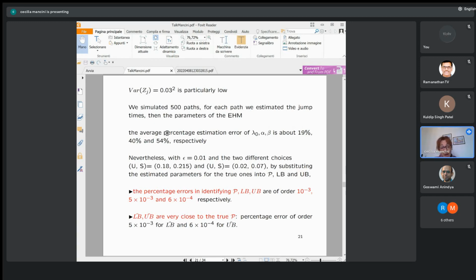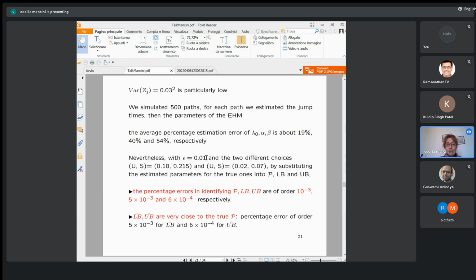It turns out that the average percentage estimation error of the parameters lambda 0, alpha, beta is respectively about 20%, 40%, 50%.